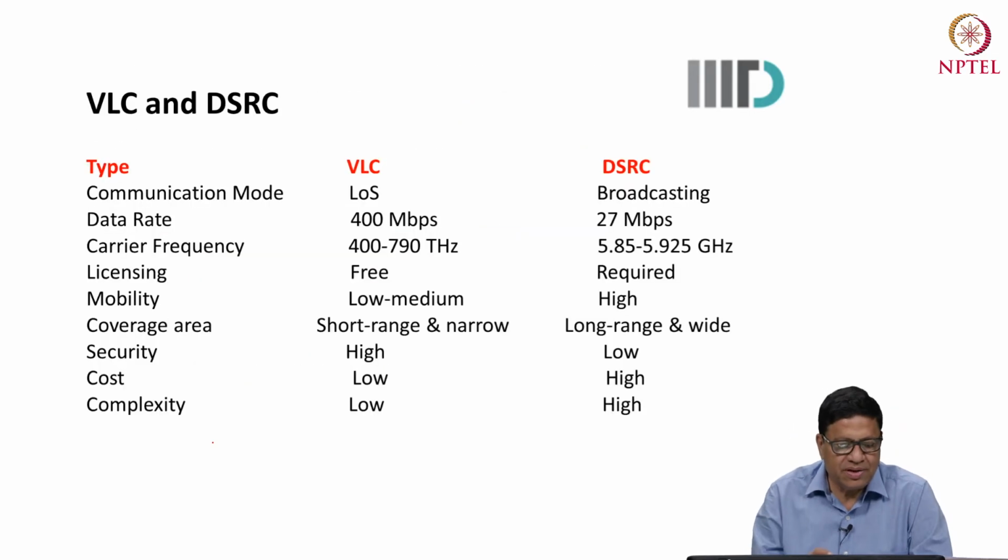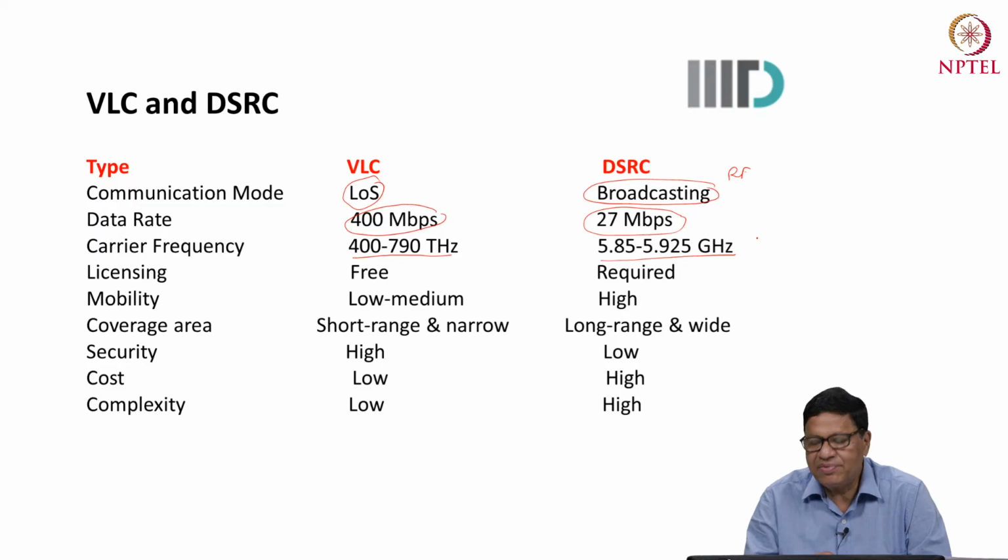So in short, the difference between visible light communication and DSRC is that it is line of sight, whereas DSRC is broadcasting, which is the RF technology. People have demonstrated greater than 400 megabits per second, whereas in DSRC, as per the specifications, 27 megabits per second. This is the frequency of the visible range, and this is the frequency of the DSRC, 5.85 to 5.925 gigahertz.